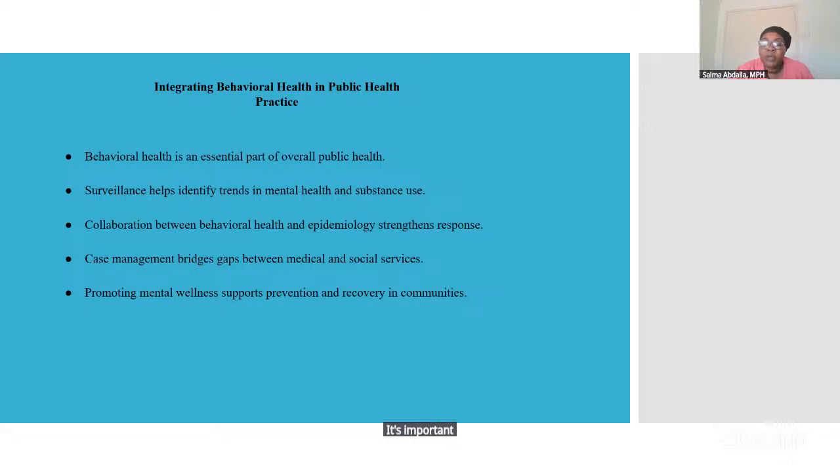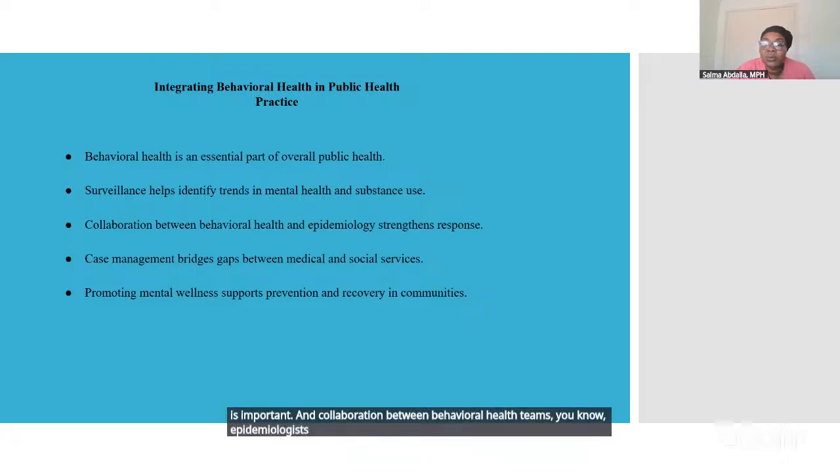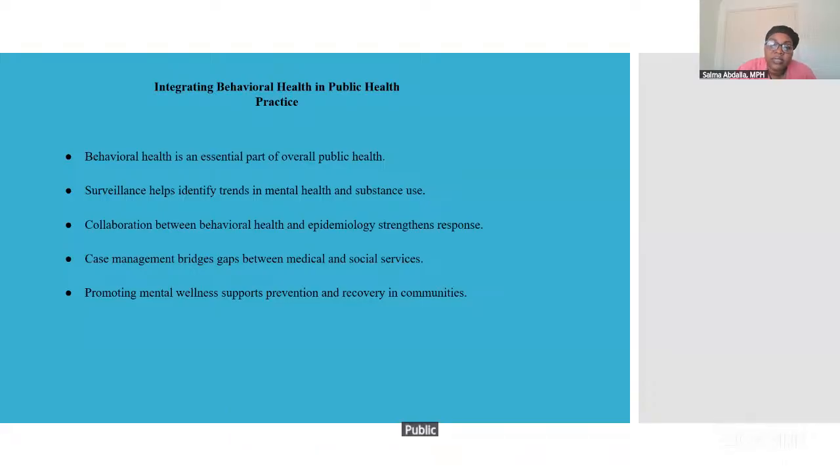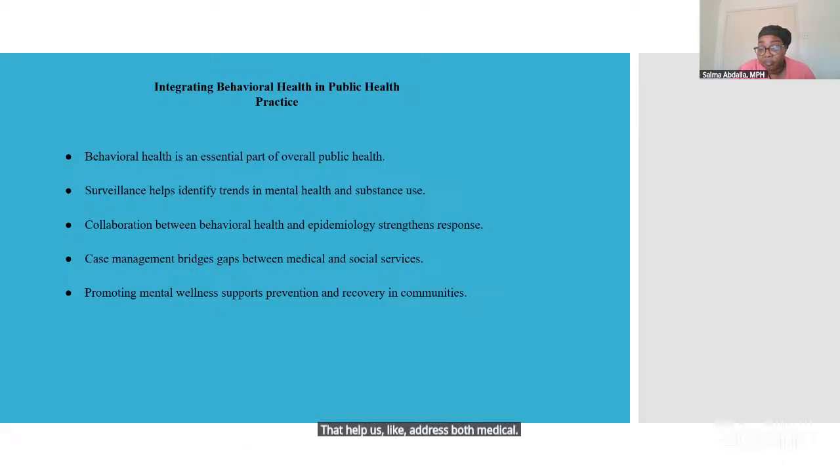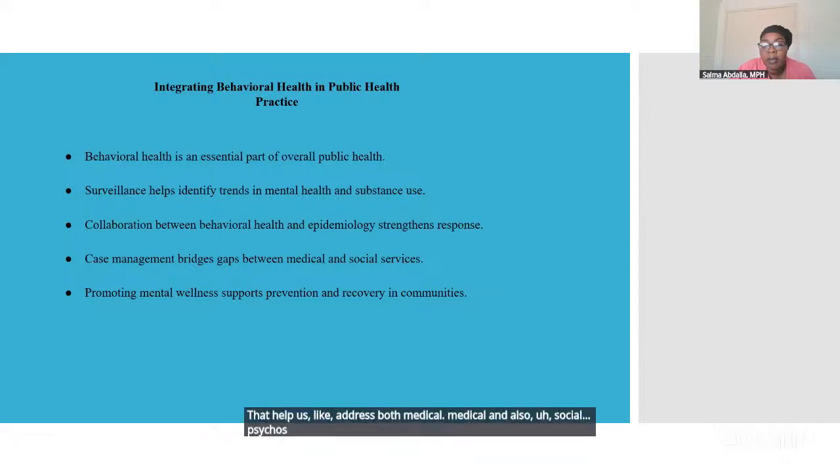And collaboration between behavioral health teams, epidemiologists and community organizations also allows us to create more comprehensive public health strategies. For example, integrating behavioral health screenings into outbreak investigations, that's really important. Or even chronic disease programs that help us address both medical and psychosocial needs.